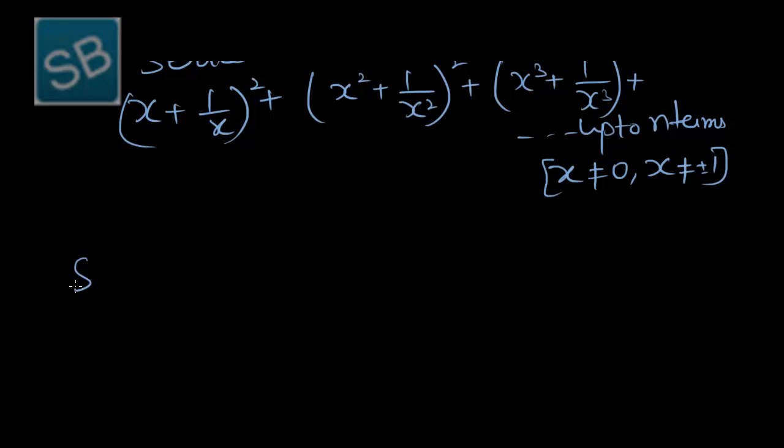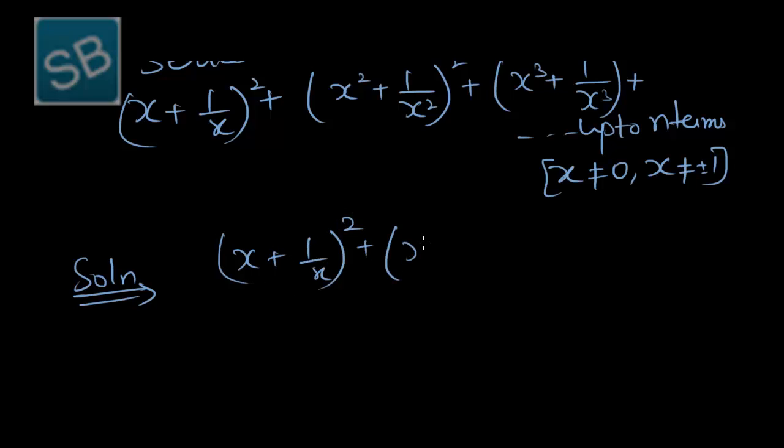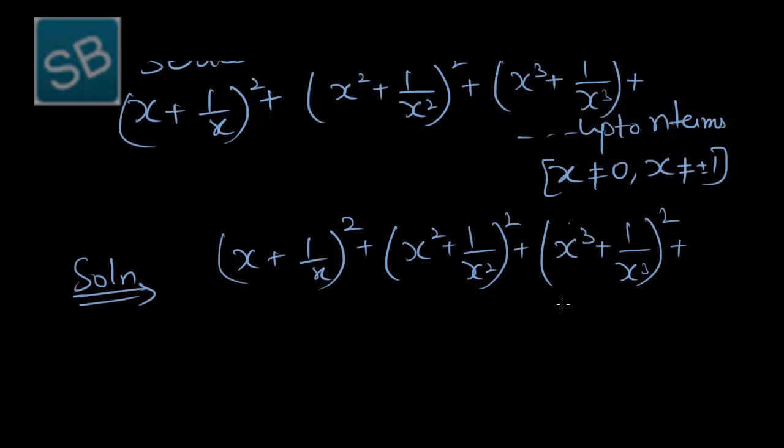Now the solution is (x plus 1 by x) whole square plus (x square plus 1 by x square) whole square plus (x cube plus 1 by x cube) whole square plus so on up to n terms.